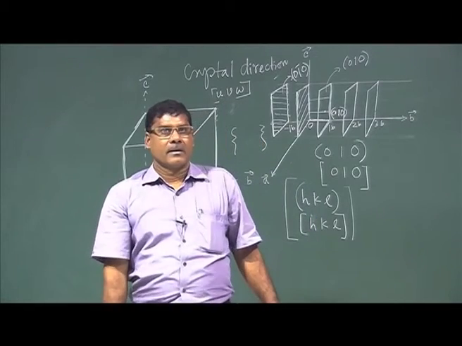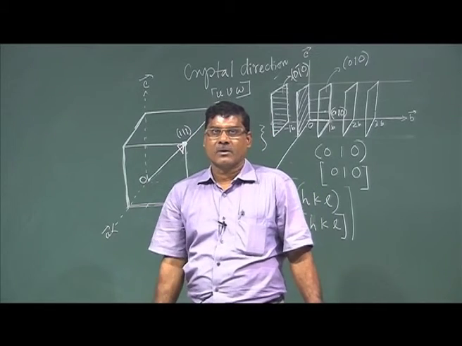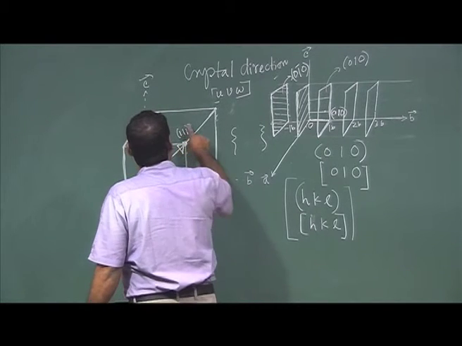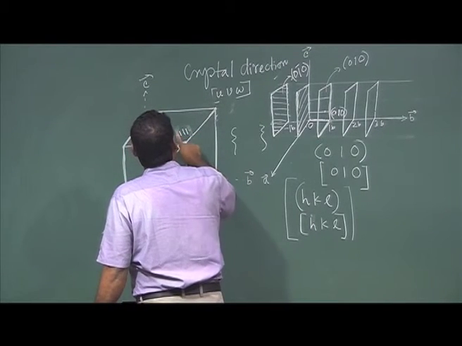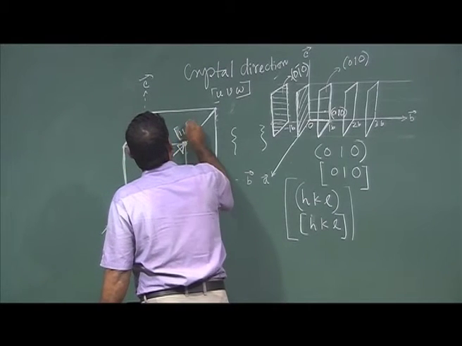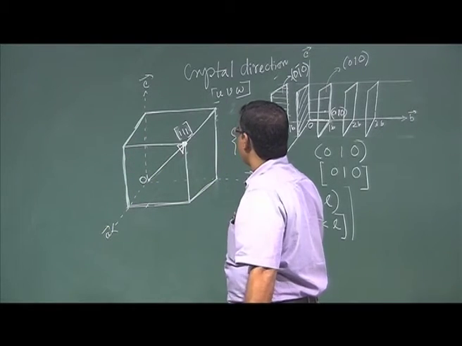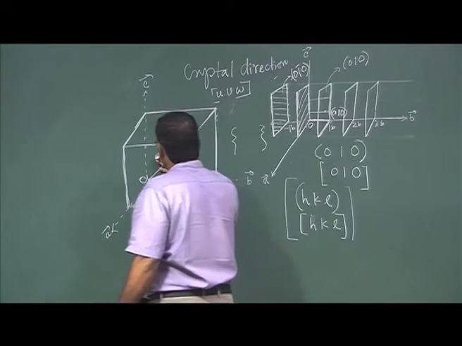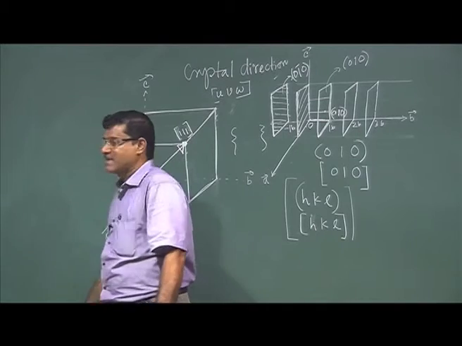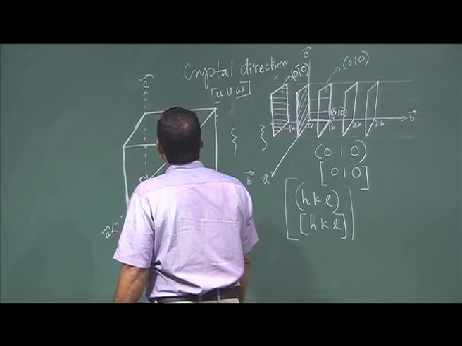So, if that is the direction along the body diagonal, then that direction can be represented by these coordinates, right. So, that coordinate I have to put in a third bracket. So, that will be the direction of this, and you can show that this diagonal is basically normal to the plane 1 1 1.